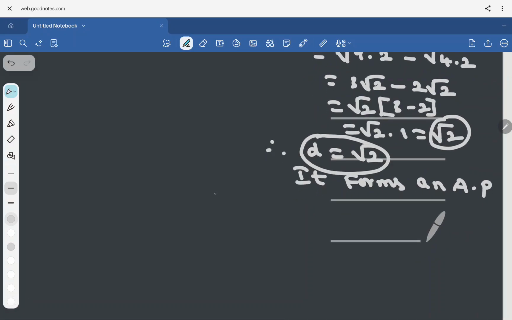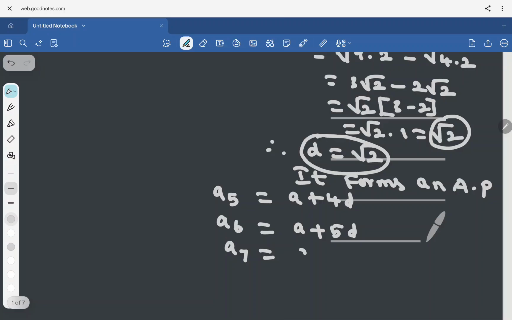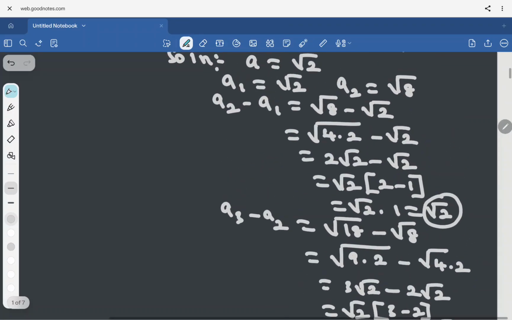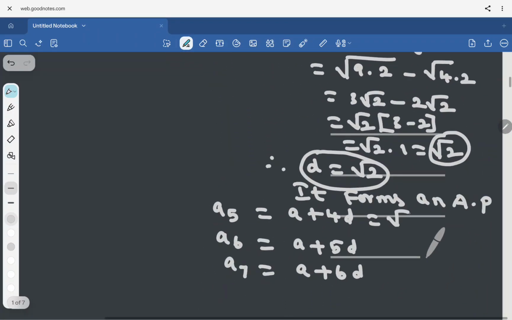Find next three more terms, that is a5, a6, a7. a5 is a plus 4d, a6 is a plus 5d, a7 is a plus 6d. What is a? Root 2. Root 2 plus 4 into root 2, that is 5 root 2.